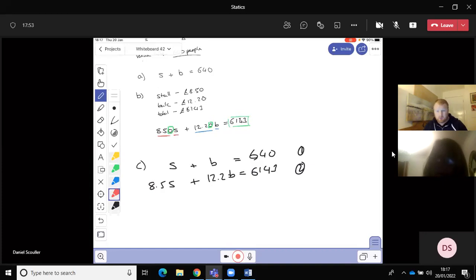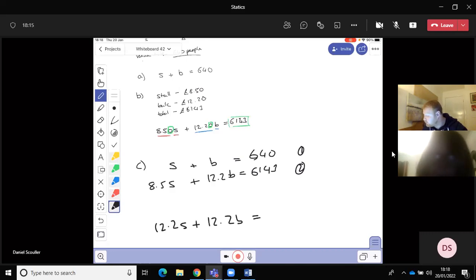If we multiply that whole equation by 12.2, and this would have been a calculator question because you are not multiplying 12.2 by 640.